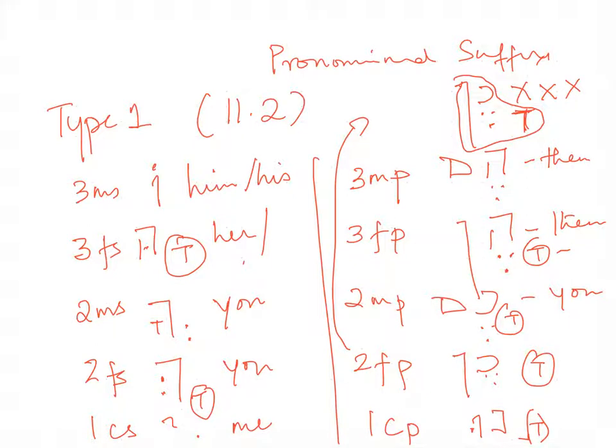So depending on what it is attached to, you will translate it. Remember, prepositions will be translated as an objective value and not possessive. Nouns will always be possessive. All right, so bear that in mind. With that, let us look at the first few examples of type 1.